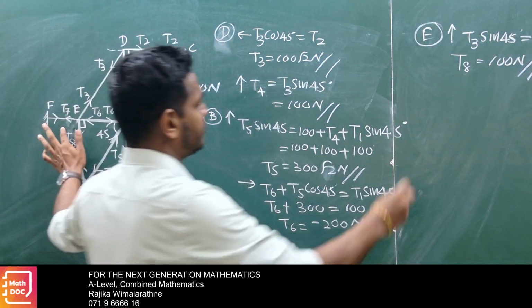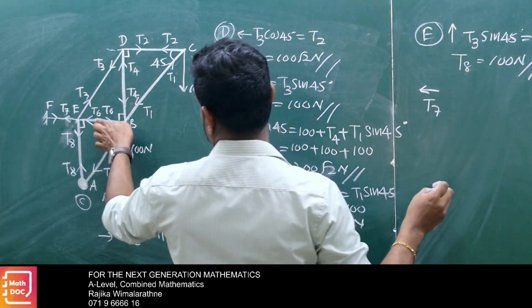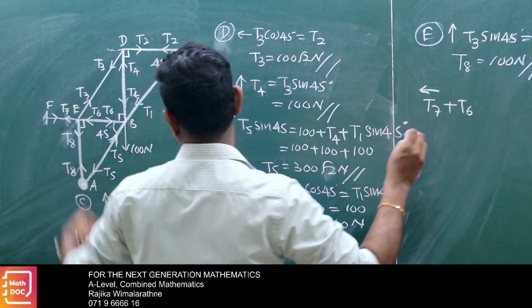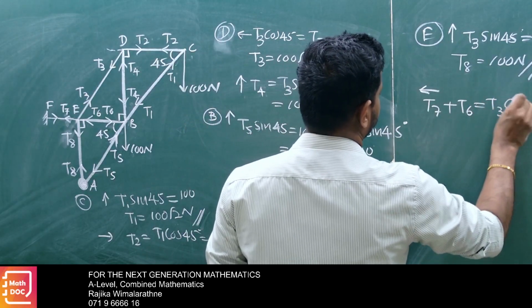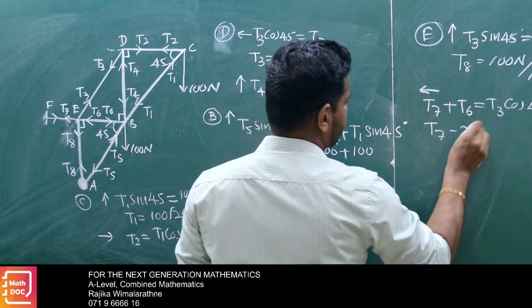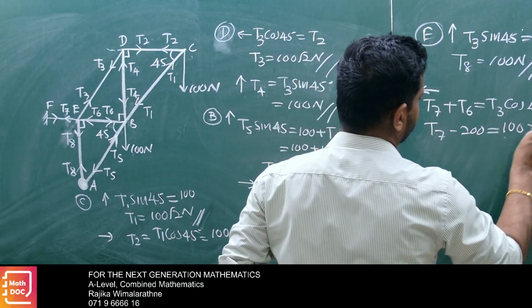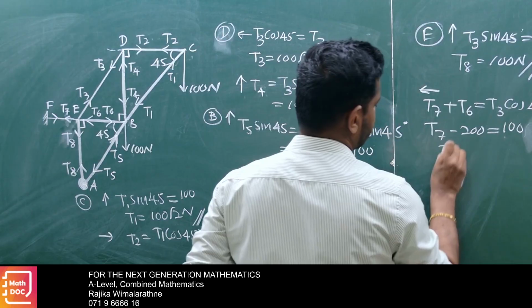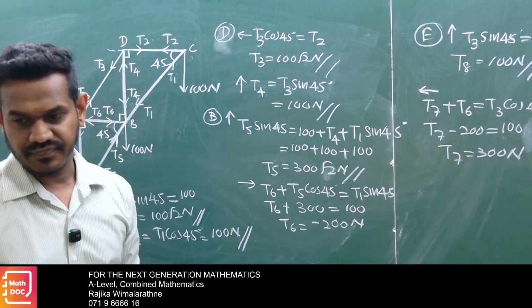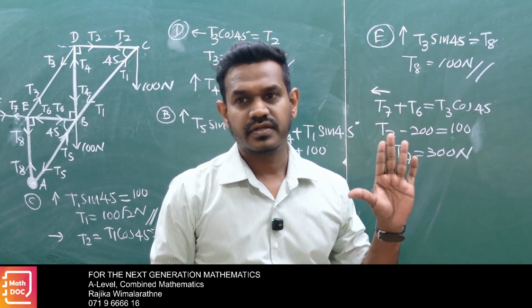Then resolve horizontally. T7 plus T6 equal T3 cos 45. Minus 200, T3 100 root 2 into 1 over root 2. T7 equal 300. Complete.